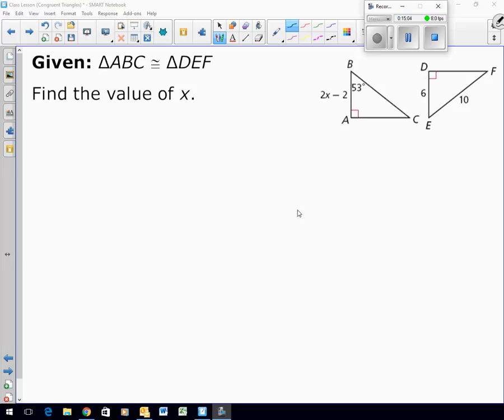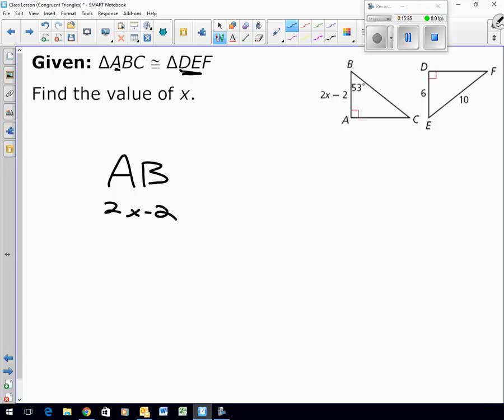Alright, find the value of x. Where is this x located? What side is that on the triangle? A to B, which is 2x minus 2. You see that? Right? And what side on triangle DEF corresponds with AB?